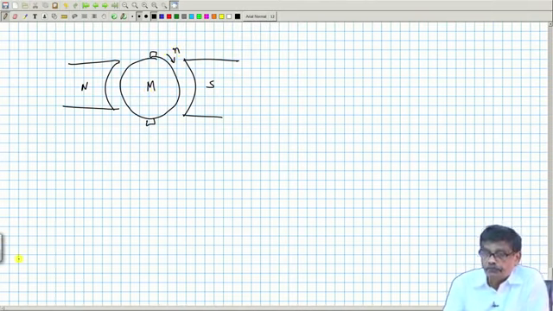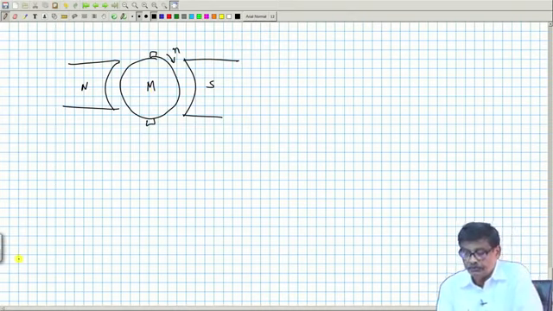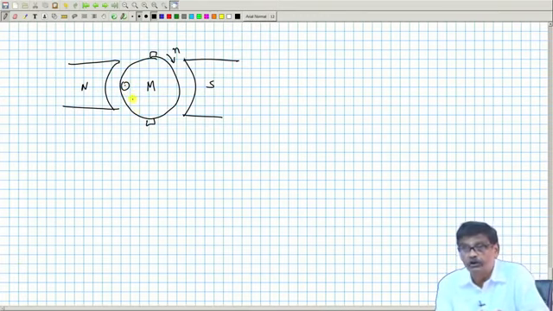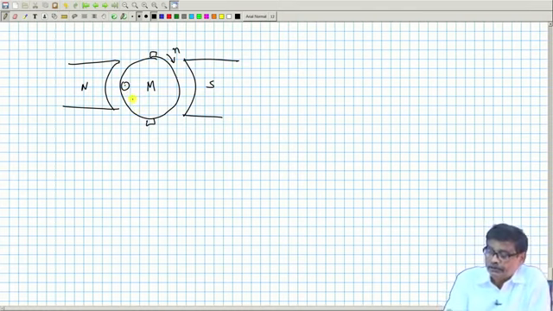Therefore, the current in this conductor on this side should be dot, by the left hand rule. This is north I have drawn; for a change I have done it like this. You should not get disturbed about this at all.